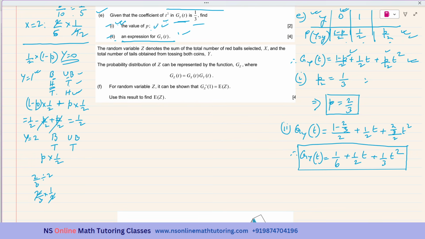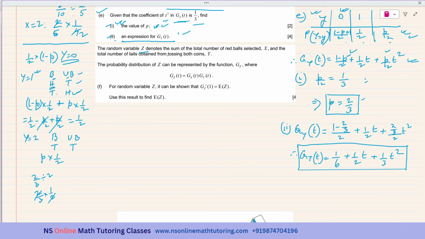You can get the value of p first and then you can get the probability of y equal to 0, where you can directly substitute p equal to 2 over 3. It is up to you, whether you first get the value of p and then construct the table, or first construct the table and then answer the two subparts.